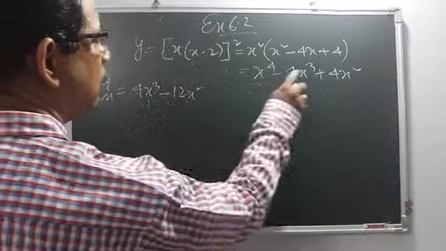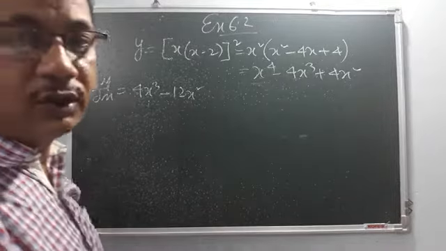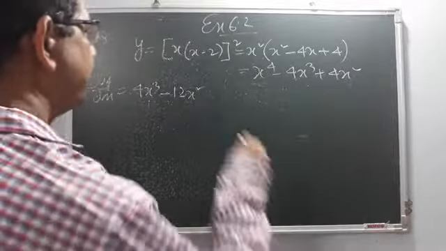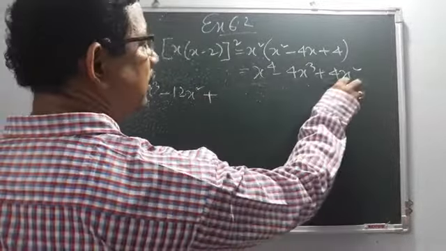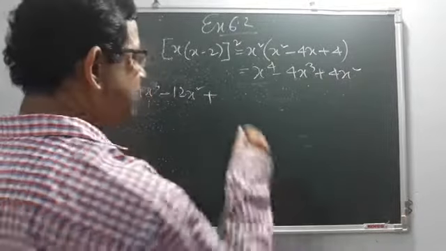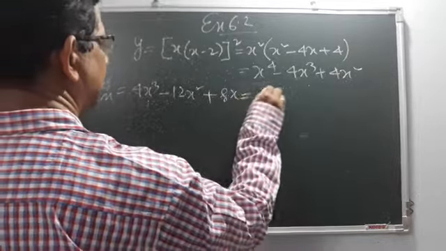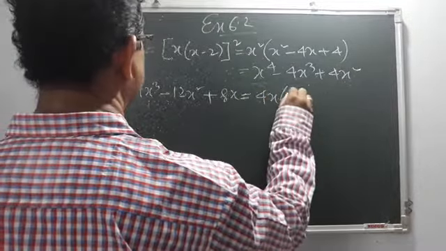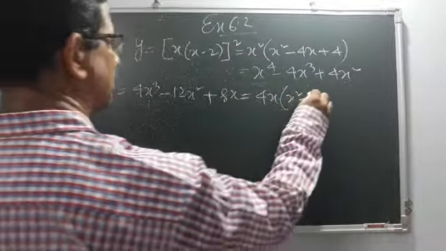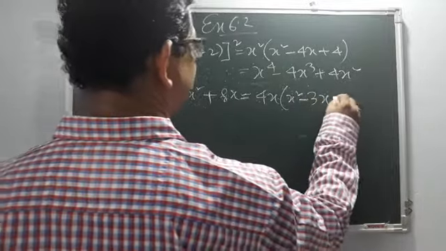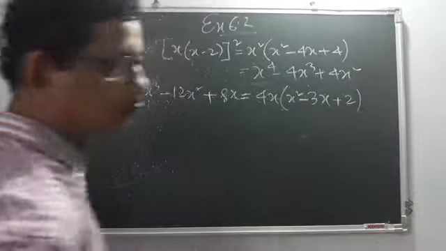Actually 4 and x cubed's differentiation is 3x squared, so 12x squared. 4 times the differentiation of x squared is twice x, so it is 8x. If we take 4x common, it is x squared minus 3x plus 2.